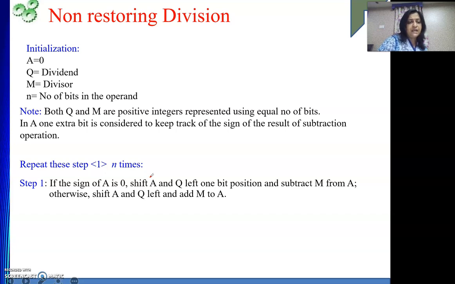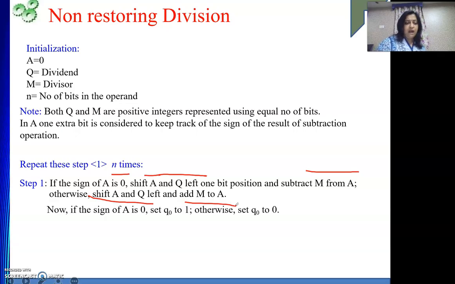If the sign of A is 0, shift A and Q left and then subtract M from A. Otherwise, that means the sign bit of A is 1, then I need to perform left shift and add M to A. Now the algo is a bit changed, and we have seen why. Then after the operation, if the sign of A is 0, set Q0 to 1, else set Q0 to 0. So here that restoring part is not there.